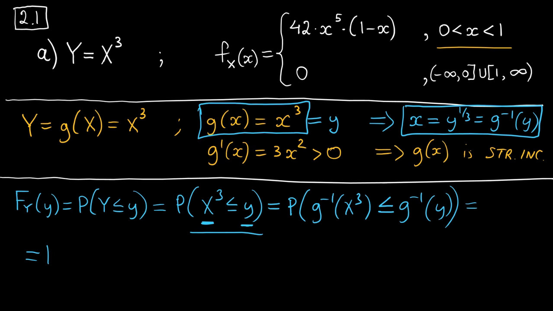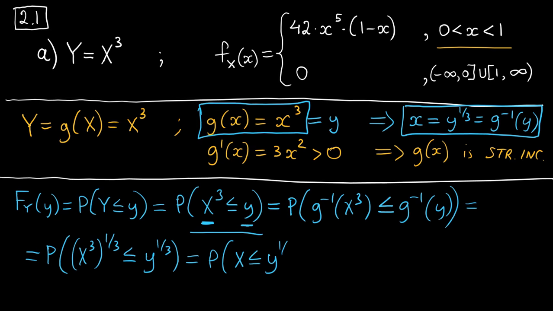So what we have is that the probability of x cubed to the power of 1/3 is less than or equal to y to the power of 1/3. Okay, and then on the left, x cubed to the power 1/3 is just x, no surprise there. This was by design. And this expression is nothing other than the CDF of x evaluated at y to the power 1/3. Okay, and we're done deriving the CDF of y.